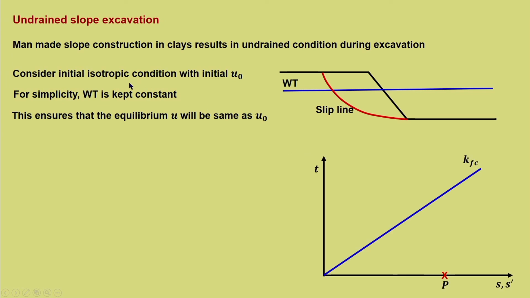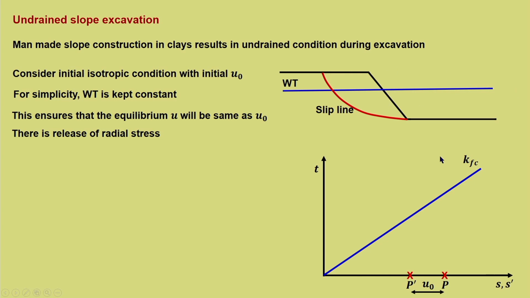So, let us try to understand, since the initial condition is taken to be isotropic and with an initial U naught, let us say that the point will be on the isotropic line. So, P dash is drawn. Now, I hope you are familiar with how to at least mark the initial points. So, P and P dash at a difference of U naught. There is release of radial stress because of excavation.